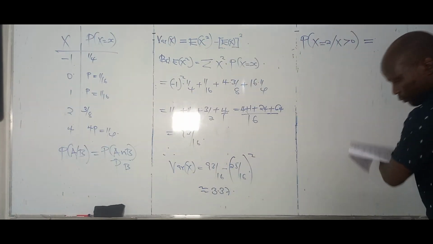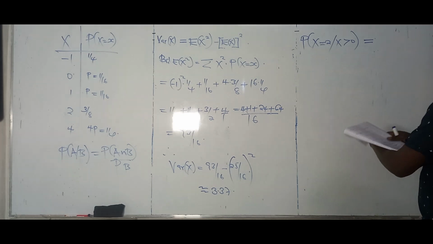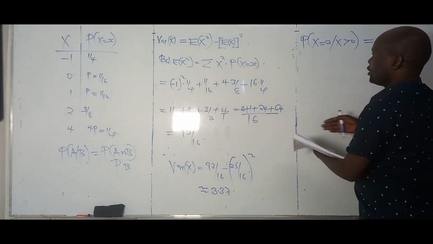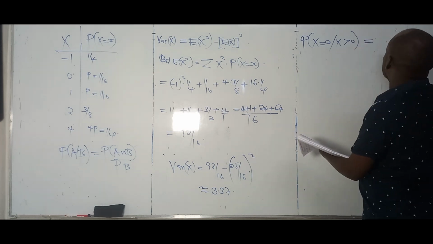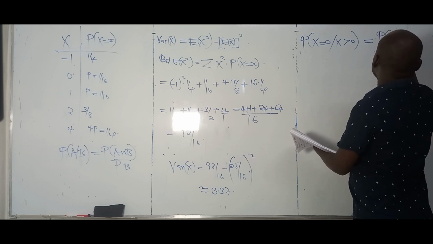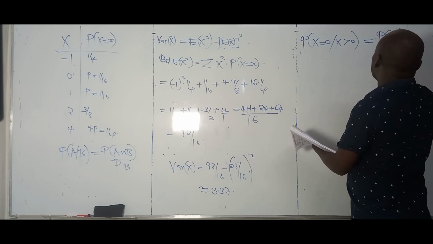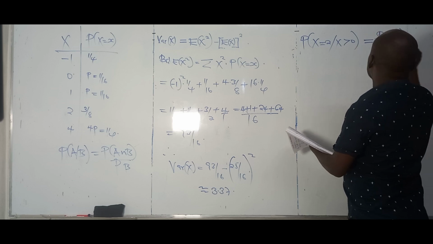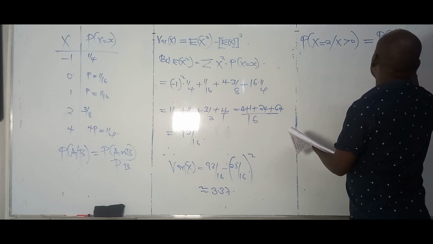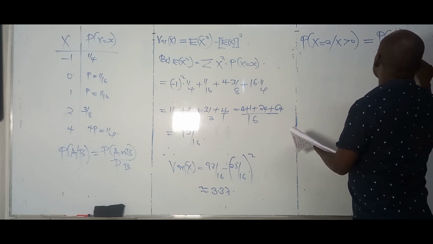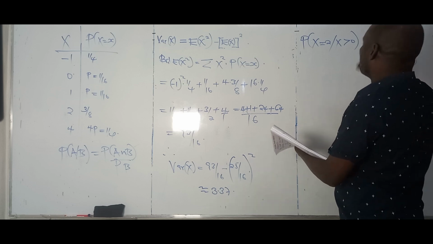So that becomes the probability that x is equal to 2 all over the probability that x is greater than 0, because it's strictly equal to 2.